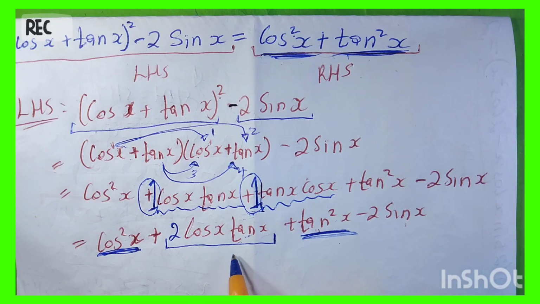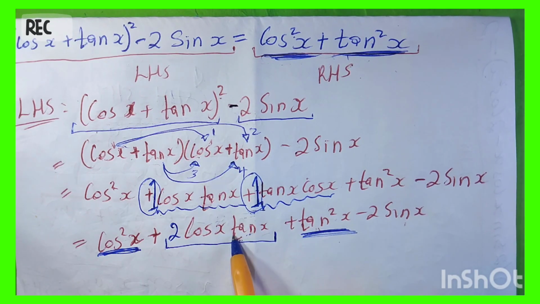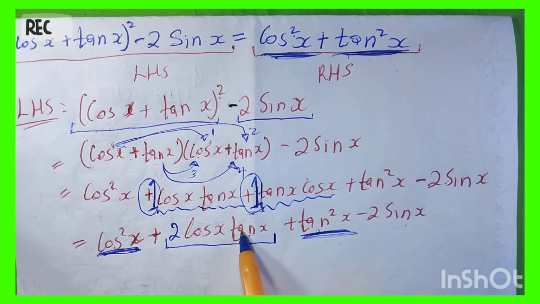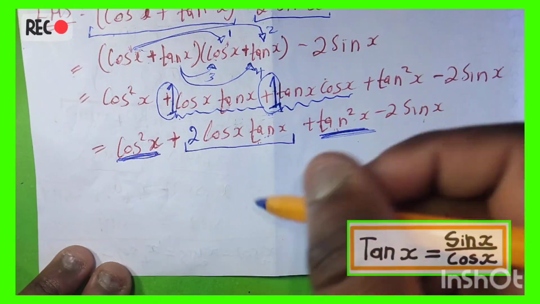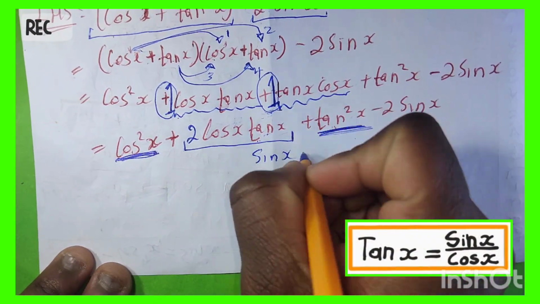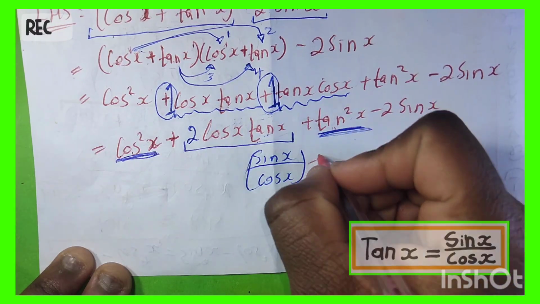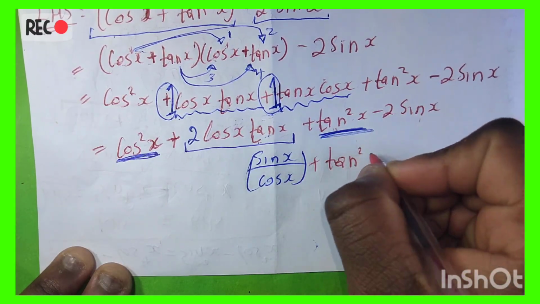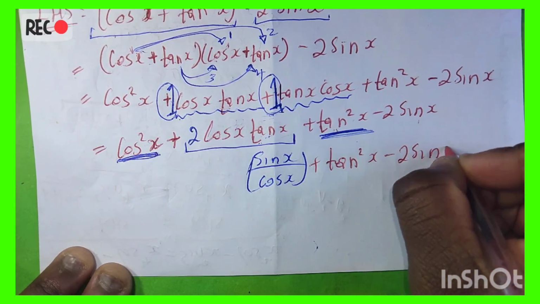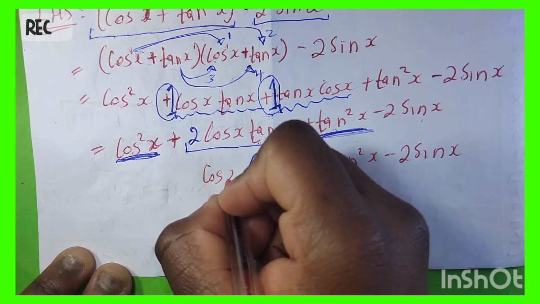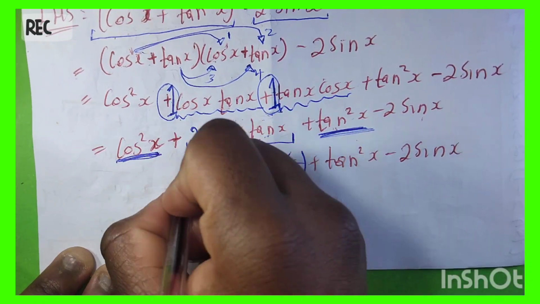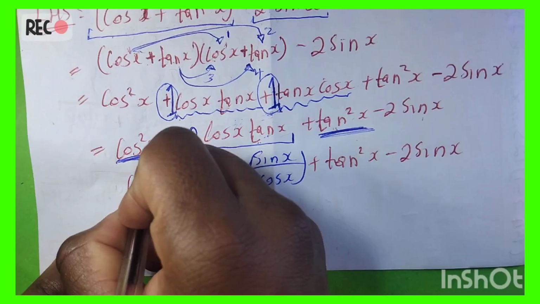The only thing that I will focus on, let me try to simplify this and see what I get. So this thing there is sine over cos. Then everything else, let's just keep the way it is. So here it's just cos and plus here it's 2 cos.